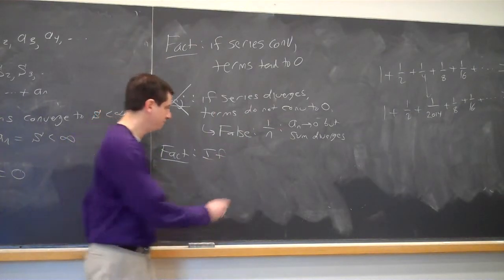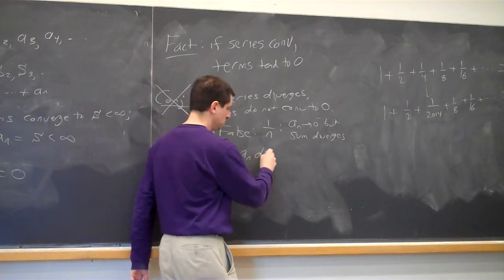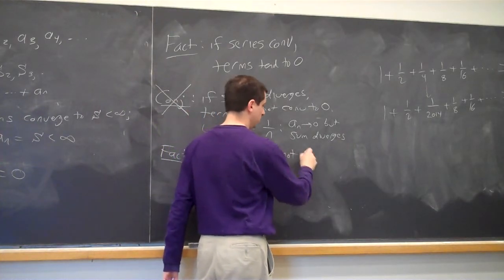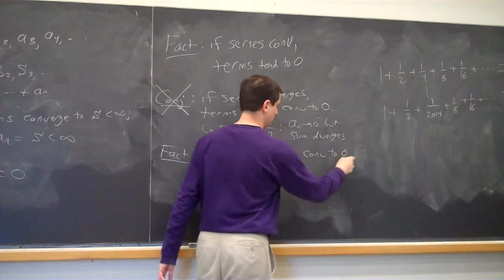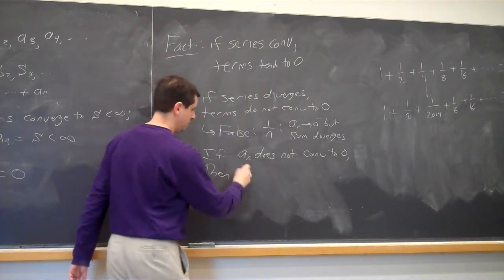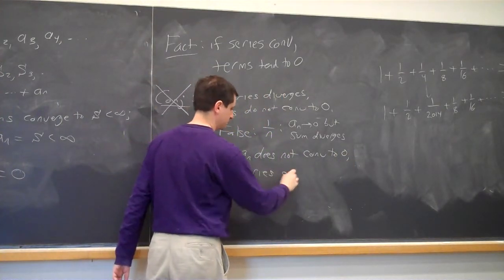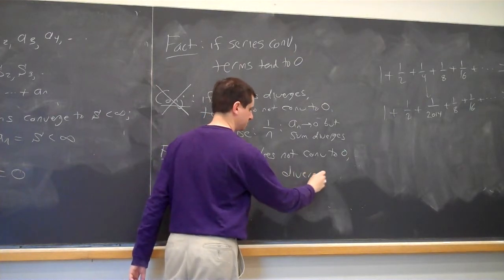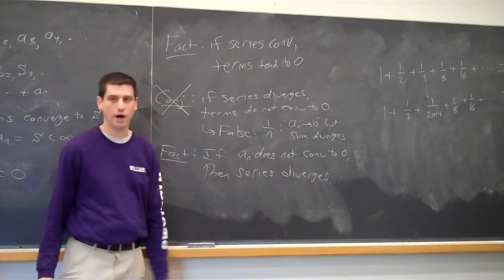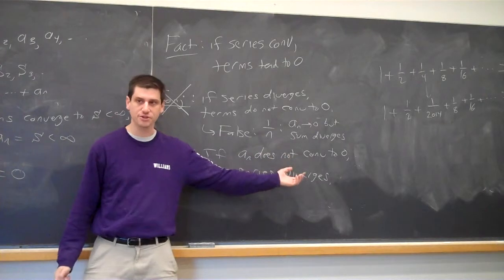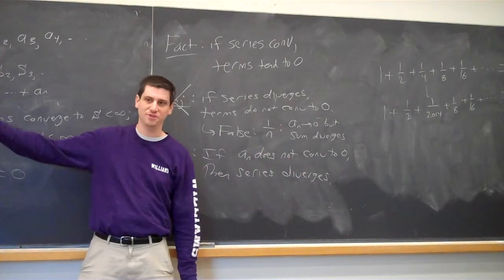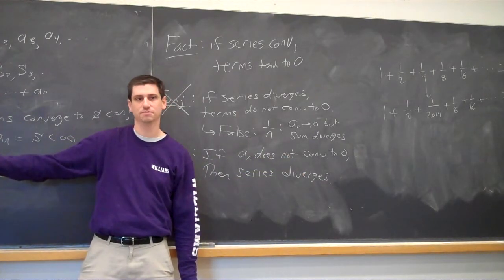So the fact is, if An does not converge to 0, then the series diverges. Why? Well, if the series converges, we just showed that anytime the series converges, the terms tend to 0.